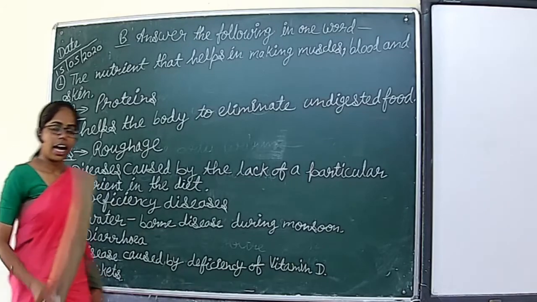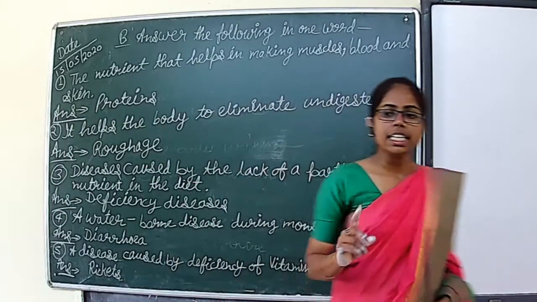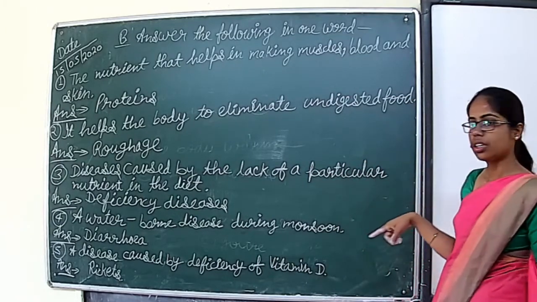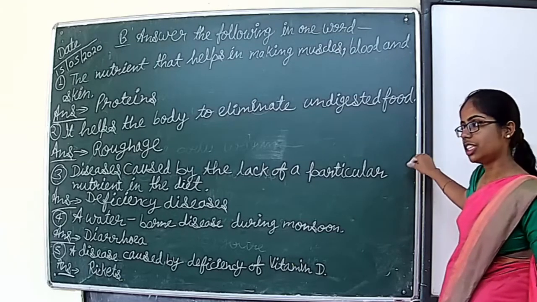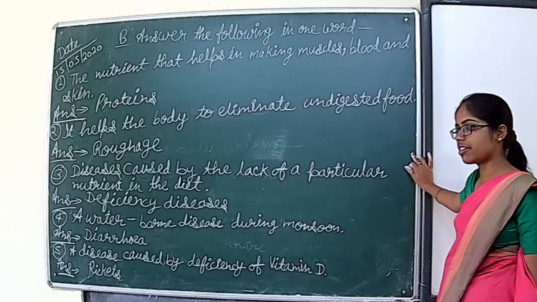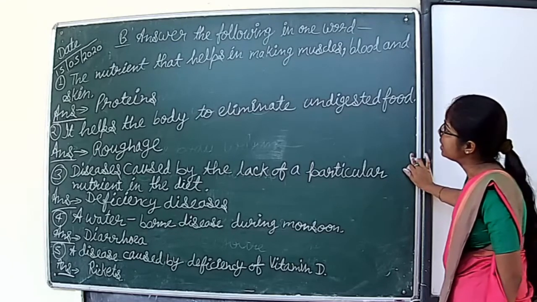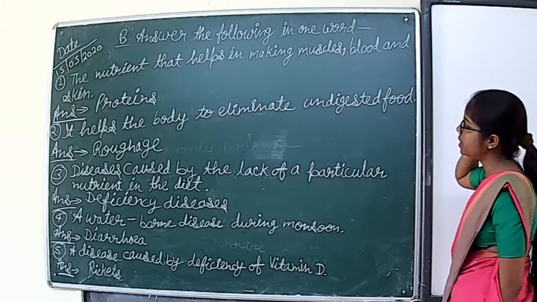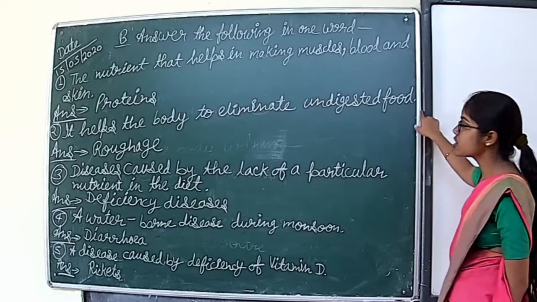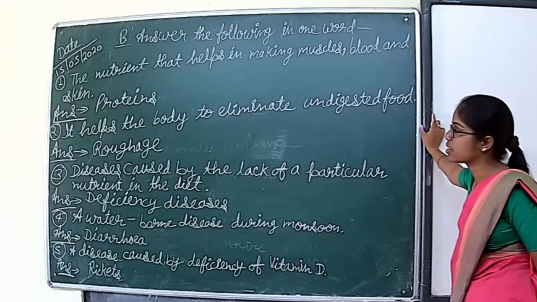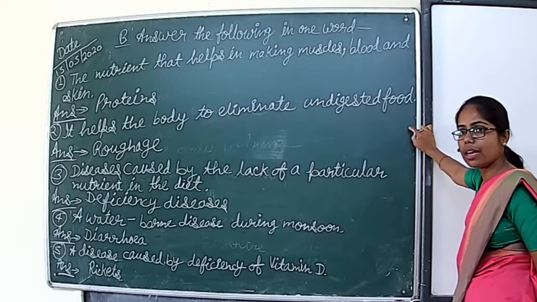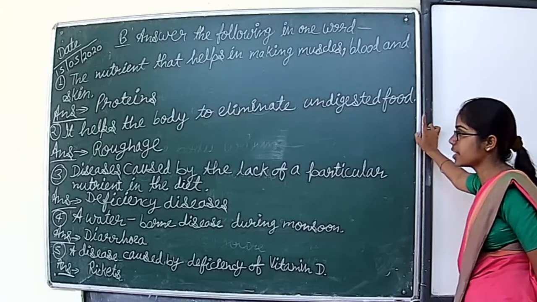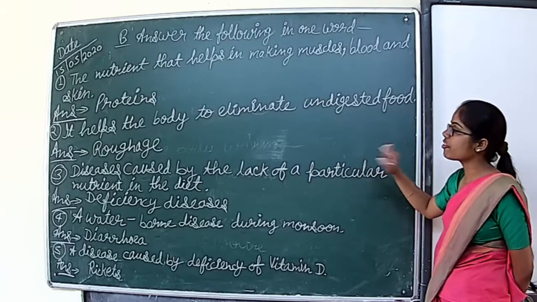Now, I will read all these question answers. In that time, you pause the video and write the question answer. Okay, take your time, understand the things and write. The nutrient that helps in making muscles, blood and skin: the answer for the first question is protein. Question number 2, it helps the body to eliminate undigested food, and the answer is roughage.